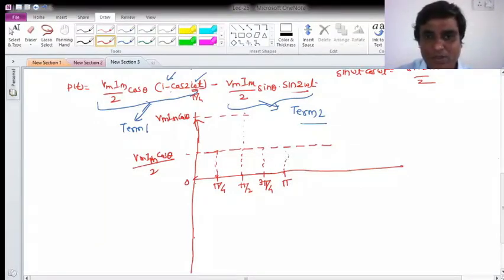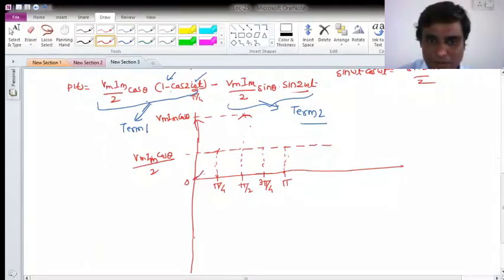At omega t equal to pi, it will be cos 2 pi, so it will be 0. Let me draw this.